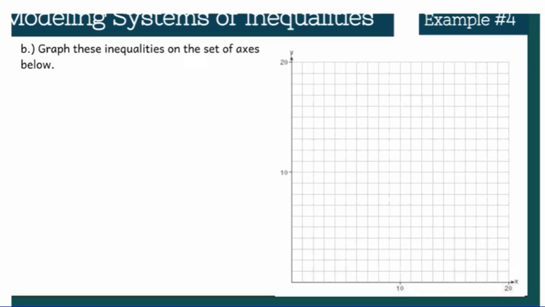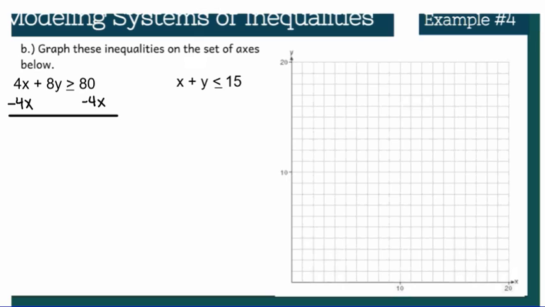Now that we have our two inequalities, we want to graph them. The first thing we want to do is subtract 4x from both sides. This will leave us with 8y is greater than or equal to negative 4x plus 80.